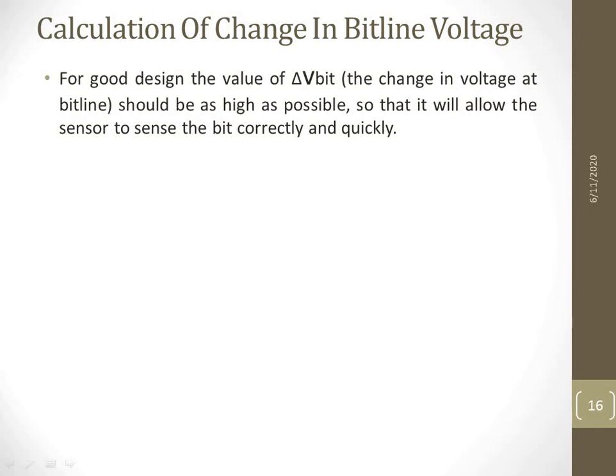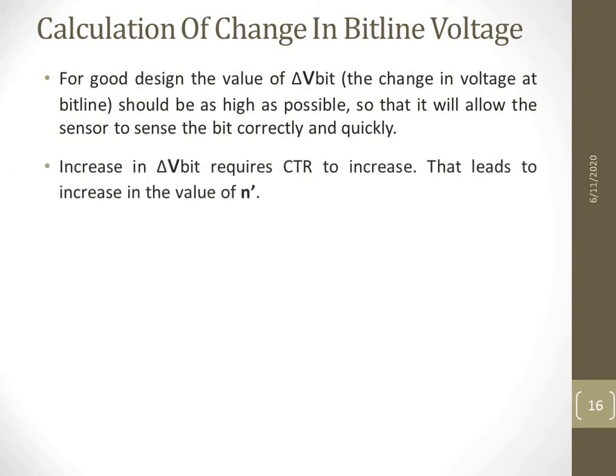For good design, the value of delta V bit, that is the change in the voltage at the bit line, should be as high as possible, so that it will allow the sensor to sense the bit correctly and quickly.